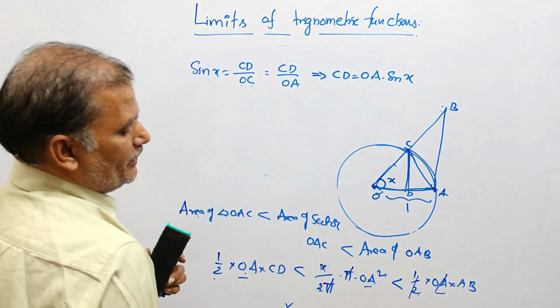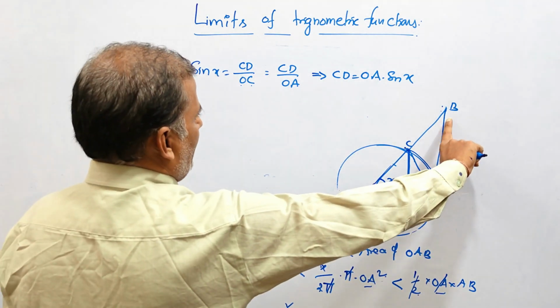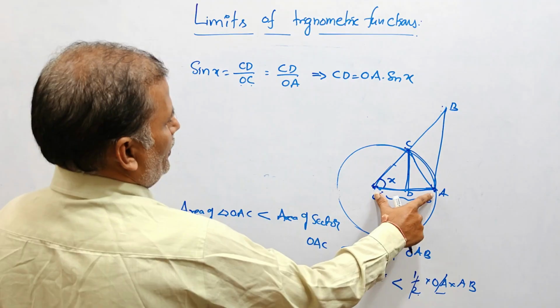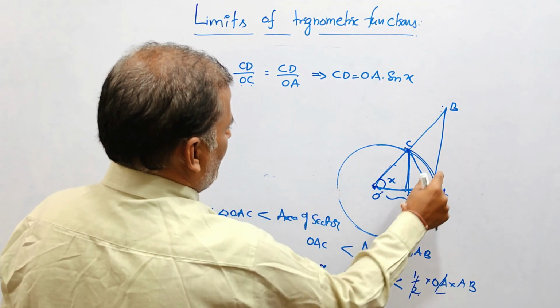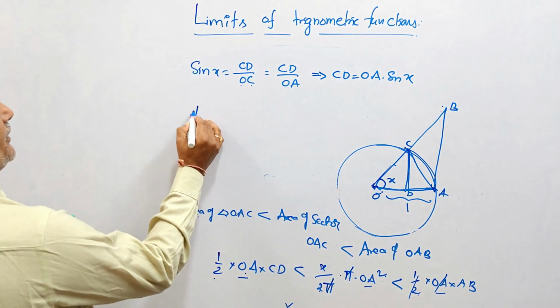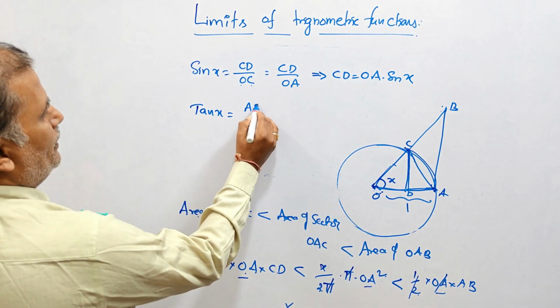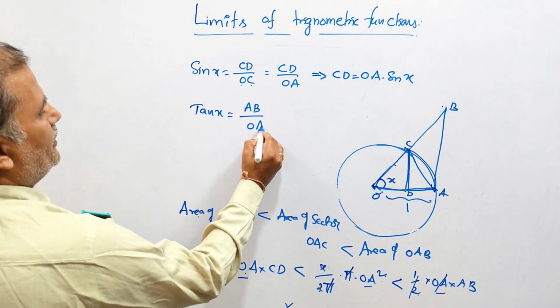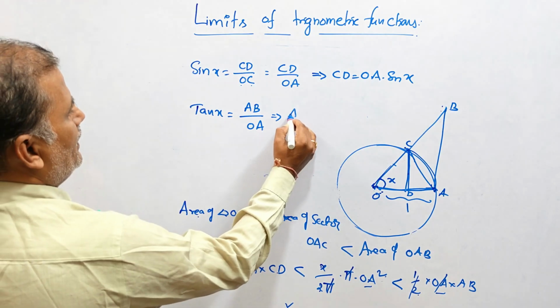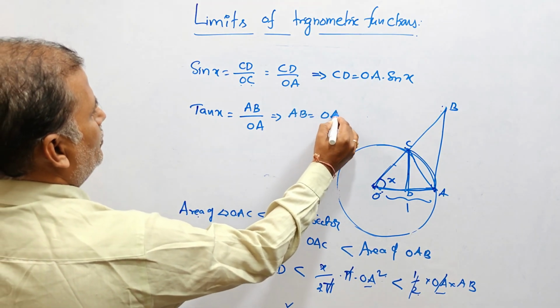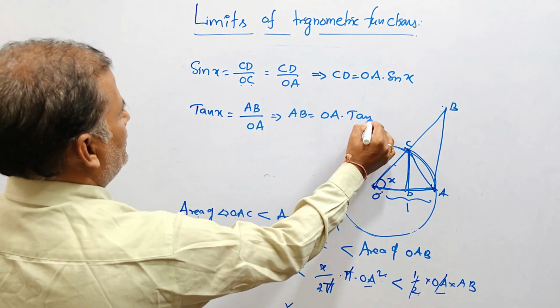Now we have to find out AB side. In this triangle, we know OA, therefore opposite to adjacent side, we take it as tan x here. Tan x is equal to opposite side by adjacent side, that is AB is equal to OA into tan x.